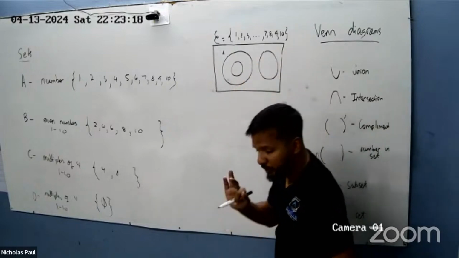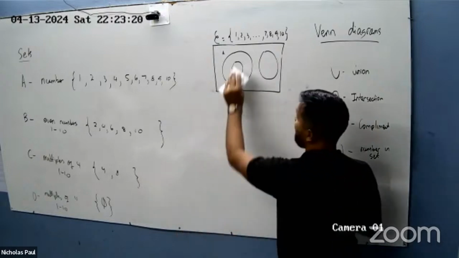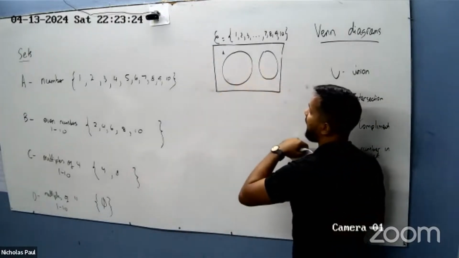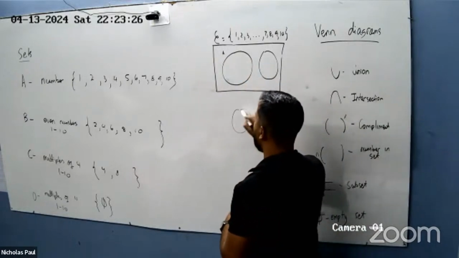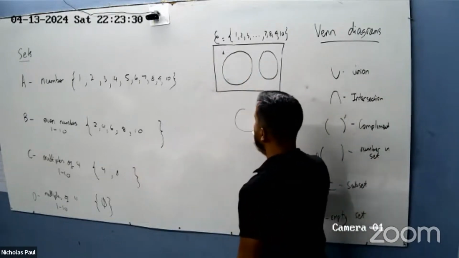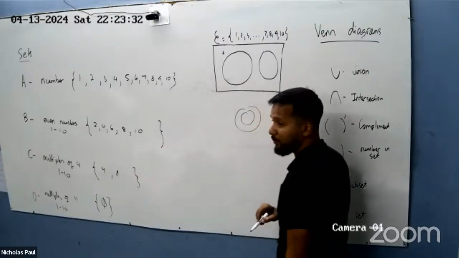You have to look at 3 scenarios. Scenario number 1 is if they have nothing in common. Scenario number 2 is if they have some in common. And scenario number 3, if they have all in common.